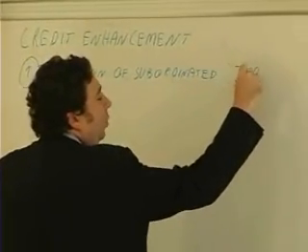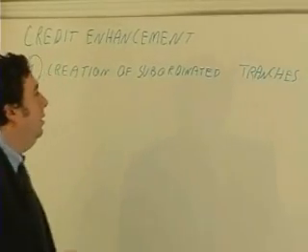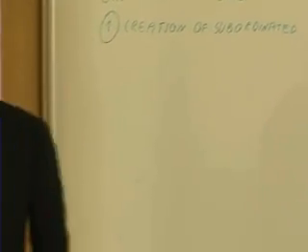Now, the first form of credit enhancement, which is the most popular, is the creation of subordinated tranches.